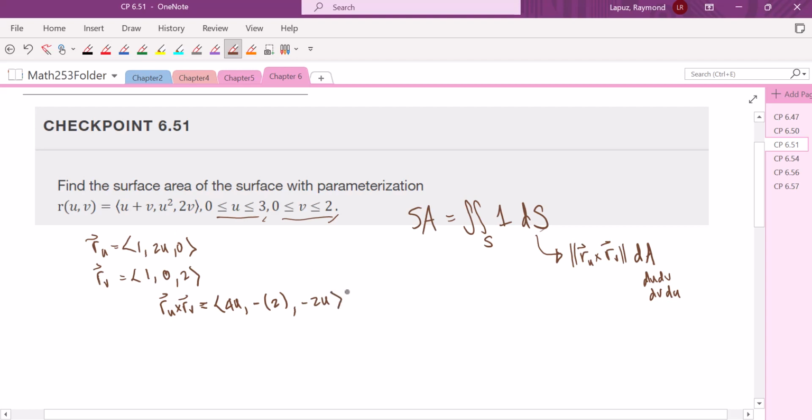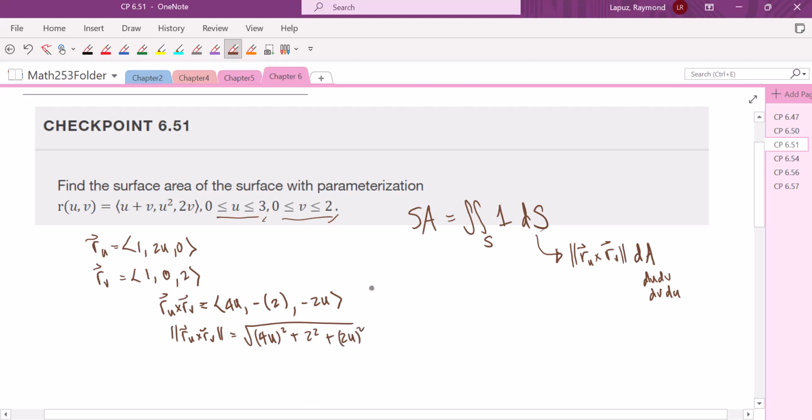All right. We will want the magnitude of this, Ru cross Rv. And so this will be the square root of 4u squared plus 2 squared plus 2u squared.